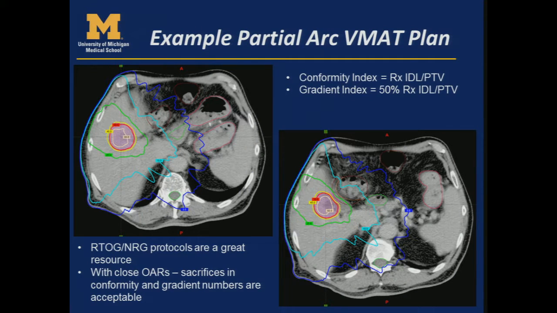This is just an example of a partial arc VMAT plan from the patient that we've been using as an example. You can look at, again, the conformity and gradient indices for these patients, but keep in mind that you may make some sacrifices in your gradient indices compared to something like brain SRS for abdominal treatments because we are trying to steer dose away from these important abdominal structures.